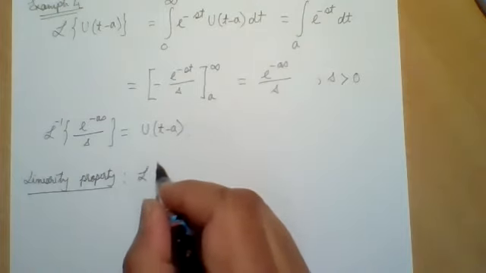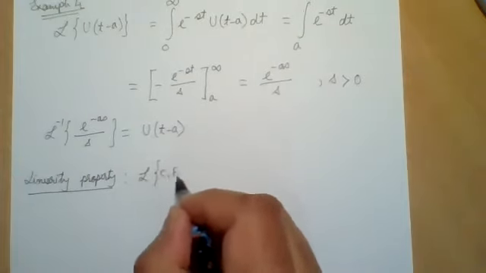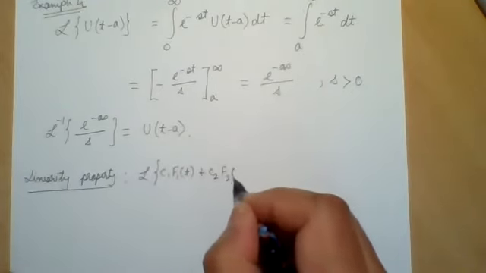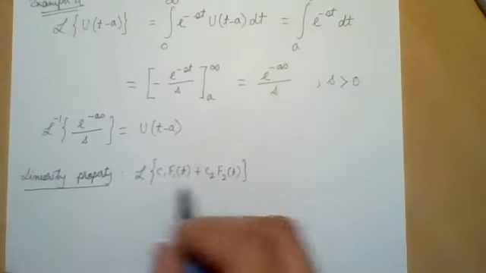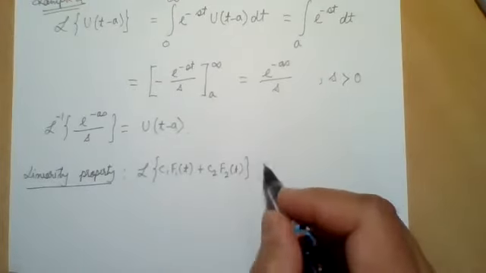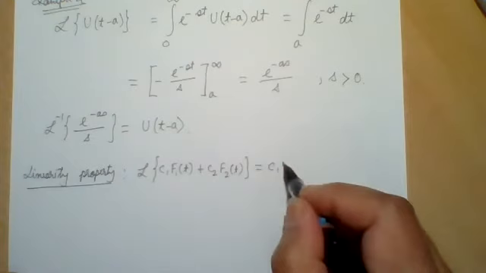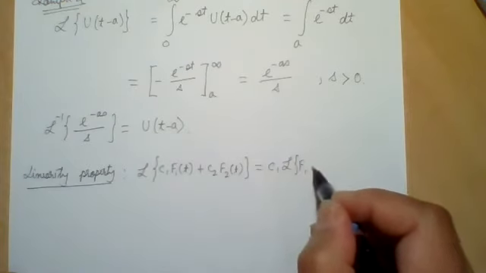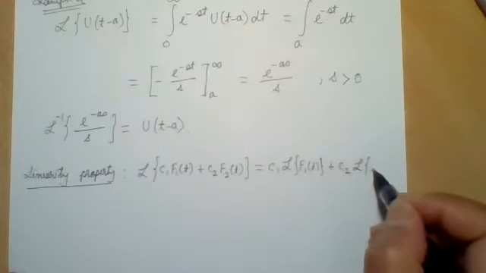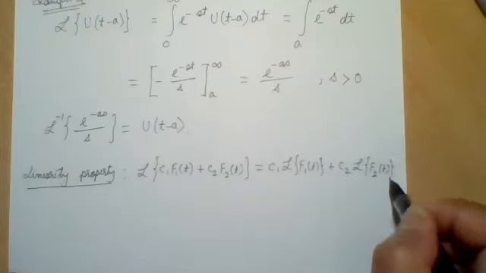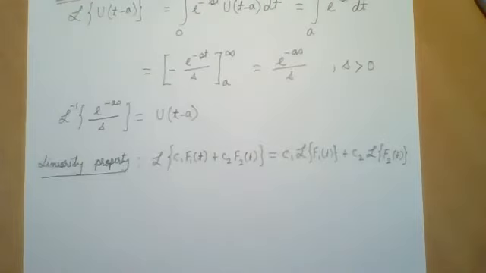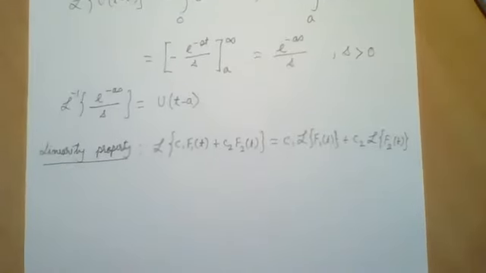It says that the Laplace transform of C1 F1t plus C2 F2t, where C1 and C2 are some constants, F1 and F2 are arbitrary functions of t, is equal to C1 times the Laplace transform of F1t plus C2 times the Laplace transform of F2t. This was the linearity property which we discussed earlier. Now let us see an application of this property.